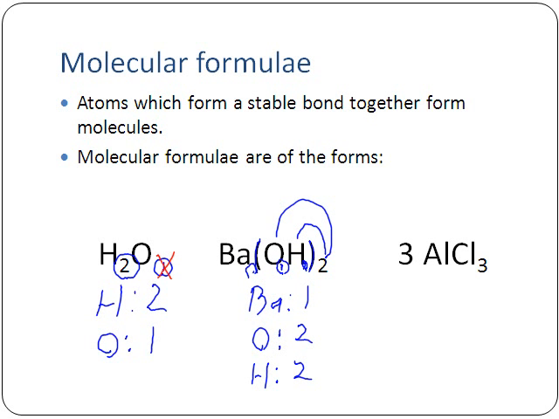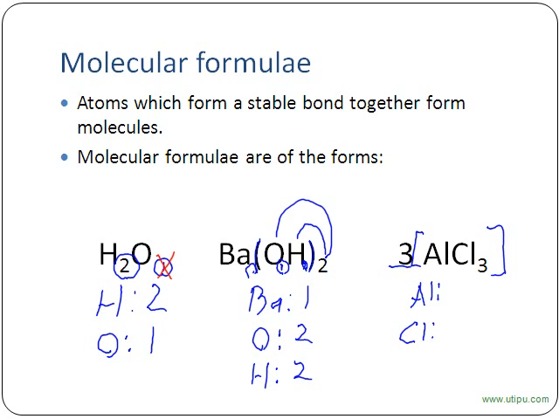If we have more than 1 molecule, that's indicated by a number out front. The out front number, as you notice, is not a subscript or a superscript, it's just a normal size number. It means that there are, in this case, 3 of everything that's right here. So 3 AlCl3s. If we wanted to find the total number, we have aluminum and chlorine.